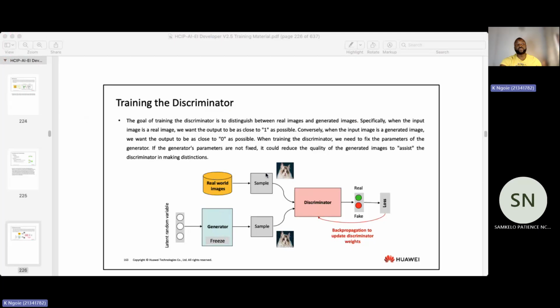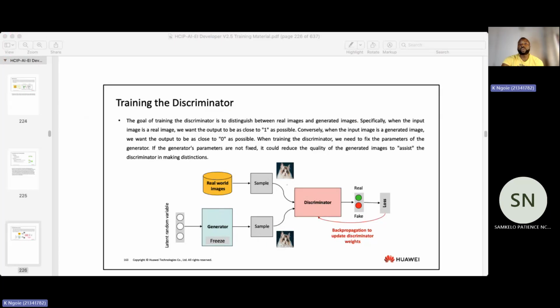That's why we call it a binary classifier, because it needs to determine between real and fake. So now, this is maybe the image of a cat, and this is the fake image that was generated by the generator.